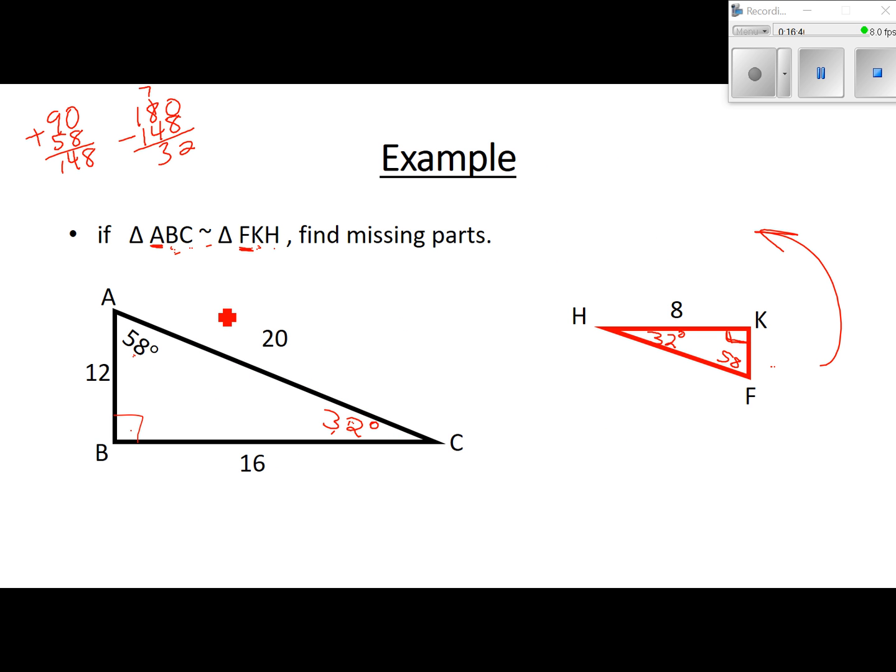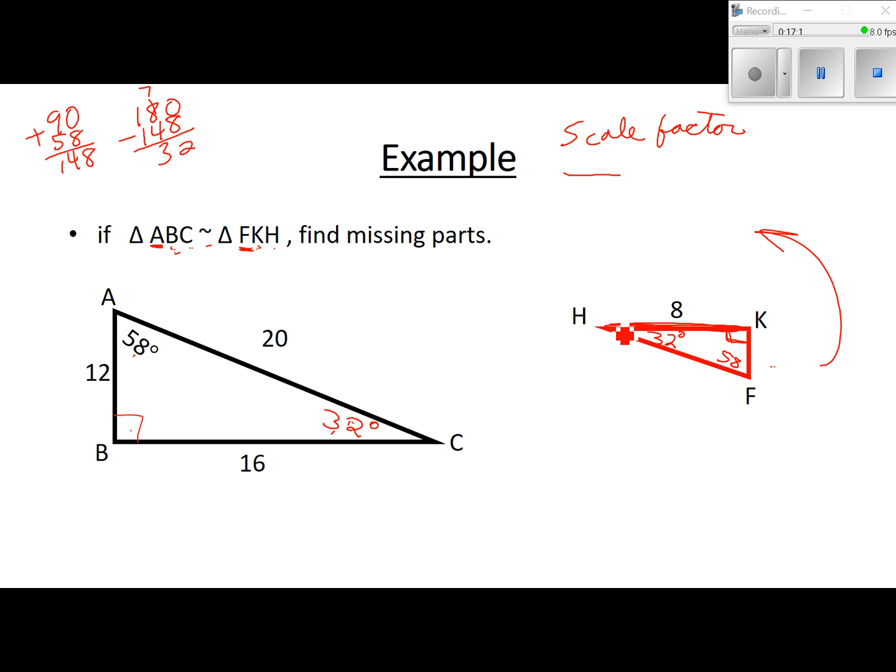So on this one, first thing, if I wanted to look for a scale factor, if I wanted to match them up and just find our scale factor, just pick 2 sides that match up, that we know numbers for. So if I come over here and I'm looking at these and I'm trying to match them up, the only number I know over here is 8.